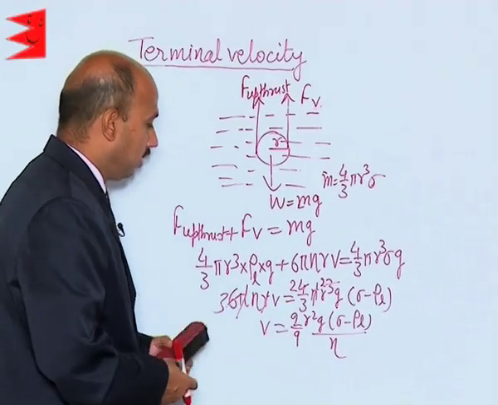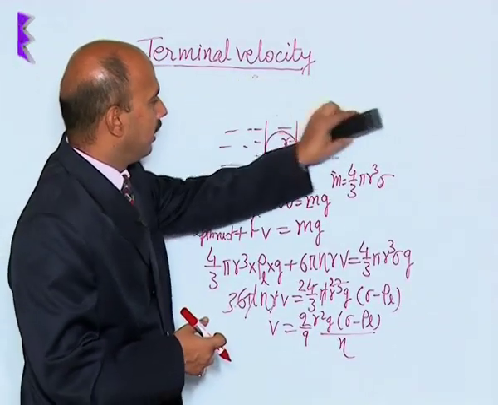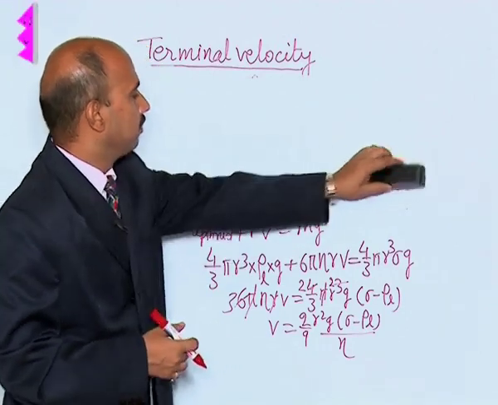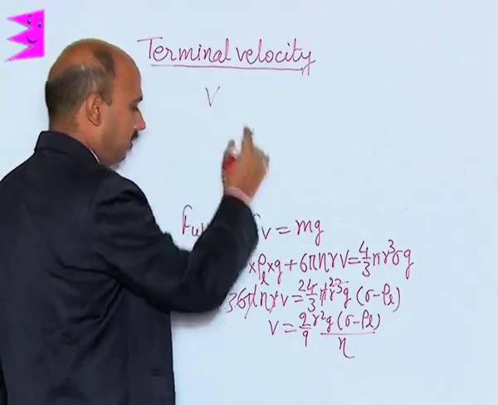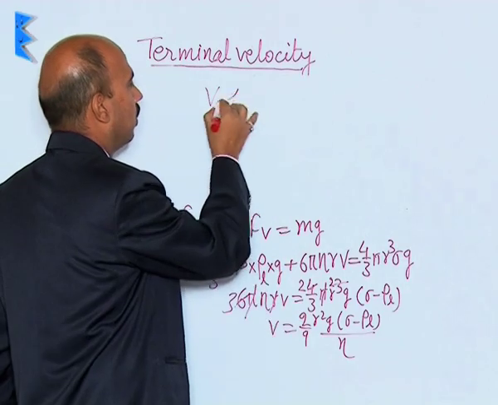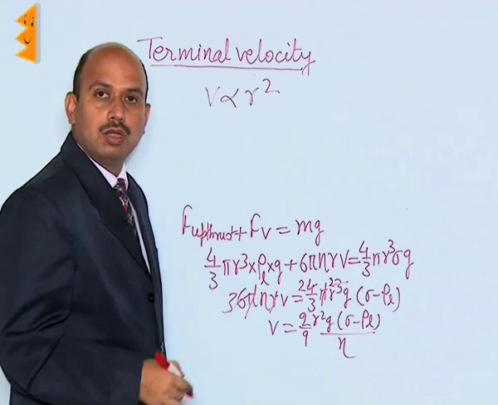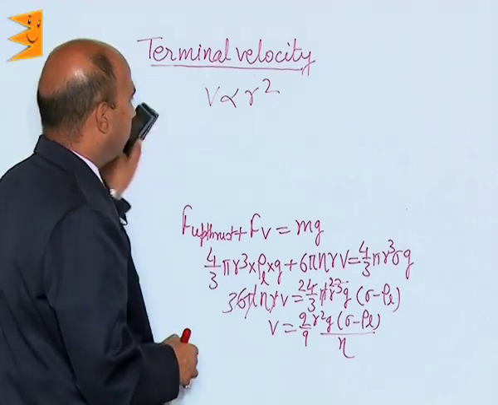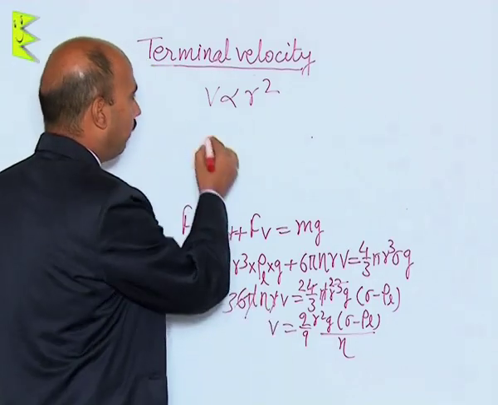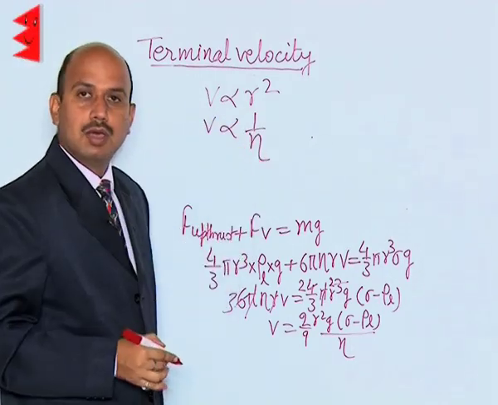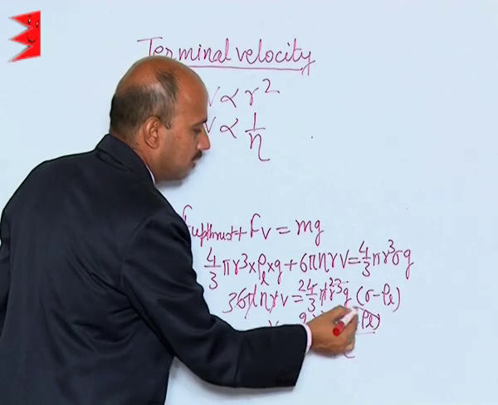Now, from this formula it is clear that terminal velocity v is directly proportional to r square, the square of the radius of the ball, and v is inversely proportional to the coefficient of viscosity. It also depends on these densities.